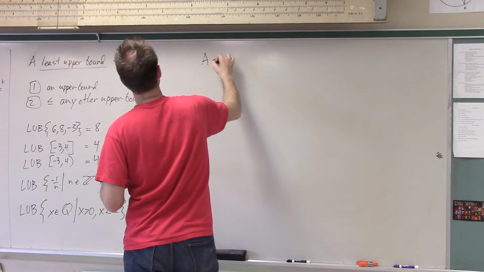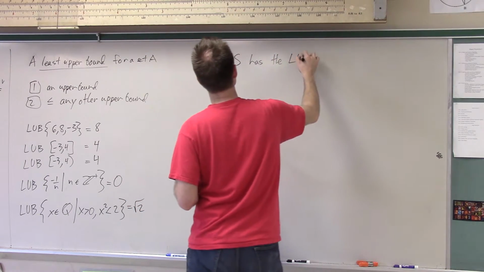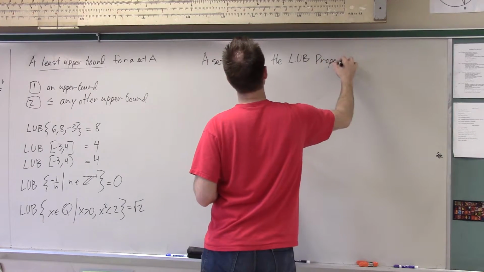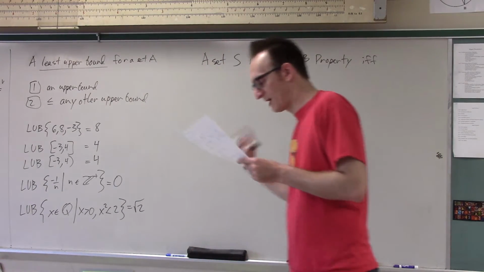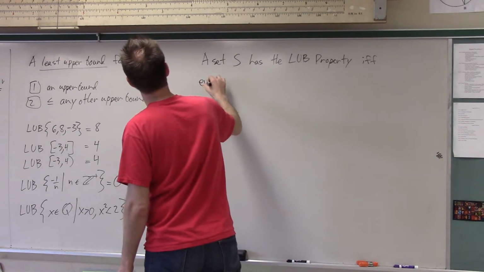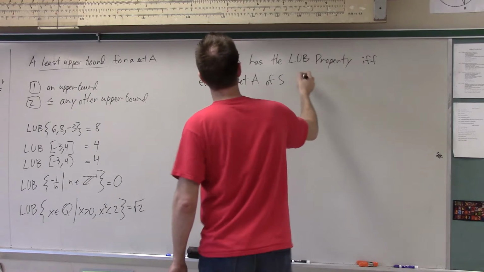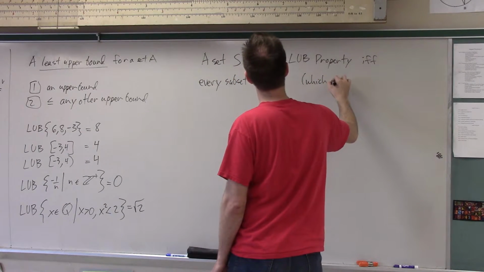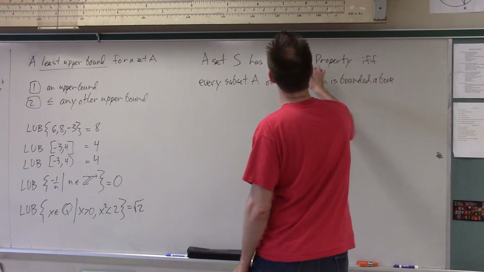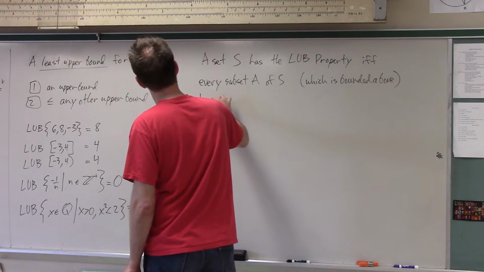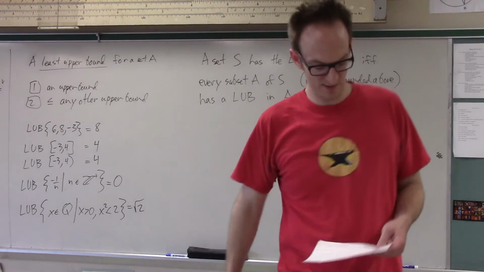So, this is getting very abstract now. A set S has the least upper bound property if and only if every subset A of S which is bounded above has a least upper bound in S. What the hell is this saying?